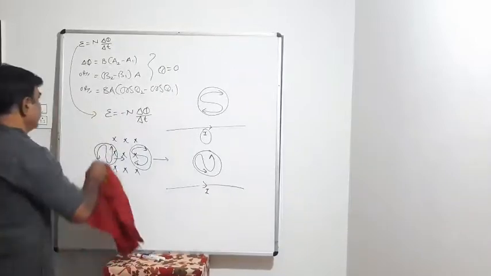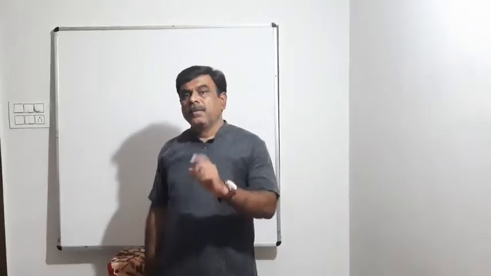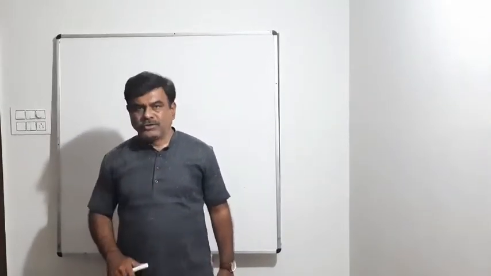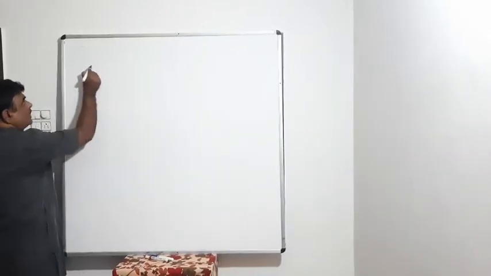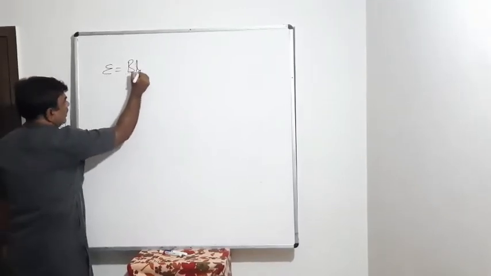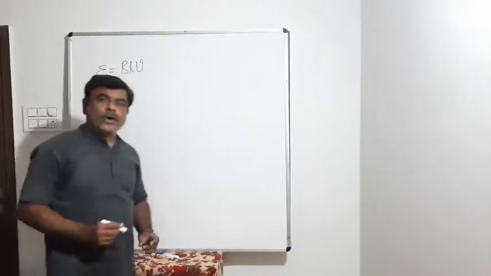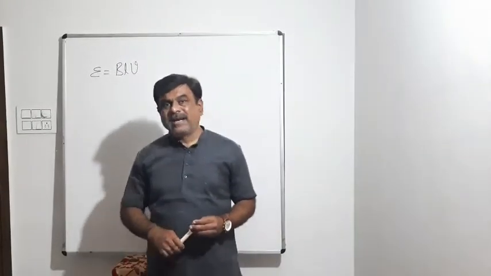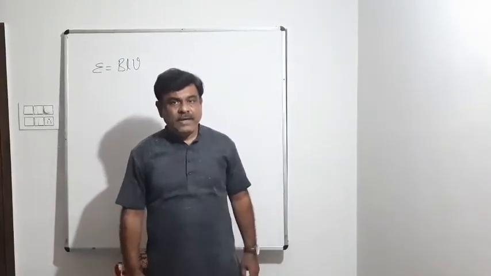Yes, we'll continue further. Another concept in this lecture that we will continue is motional EMF, how to apply that and direction of motional EMF. For that, first you know that motional EMF E equals BLV. When a rod of length L moves with velocity V in magnetic field B, then EMF induced E equals BLV.